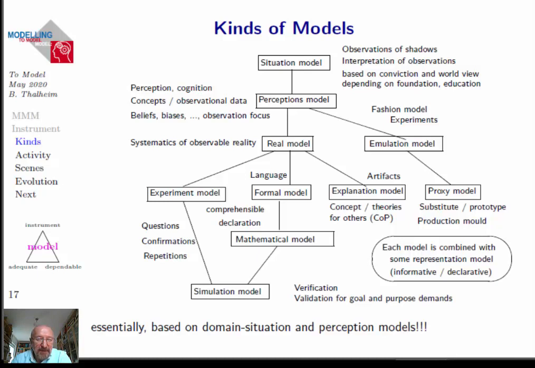In any case, a model comes typically as a model suite. That means in this case each of the models has at least also some kind of informative, declarative, or more generally representation model that is used together with the model. The model, however, is all the time based on some kind of perception models and maybe also on domain situation models.